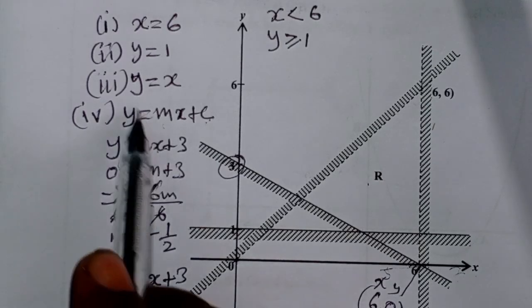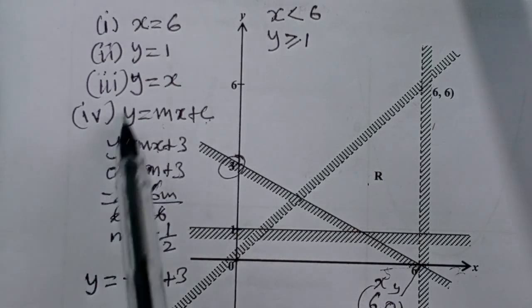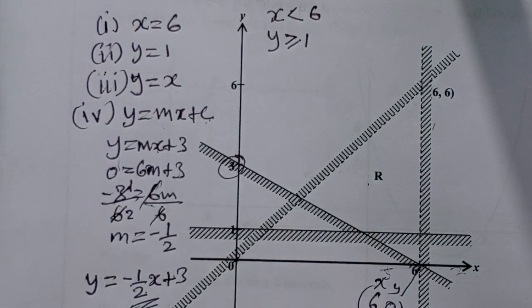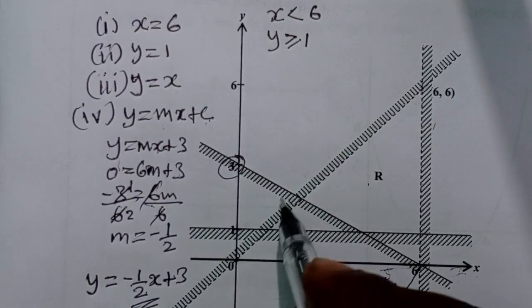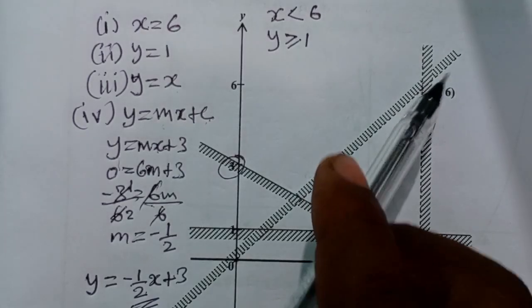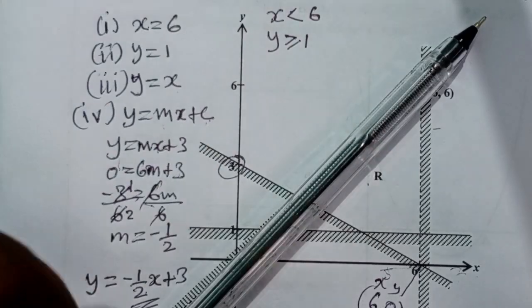Then we have number 3, y is equal to x. We want the unshaded region. For all the lines that go in this fashion, this side is greater, this side is less.